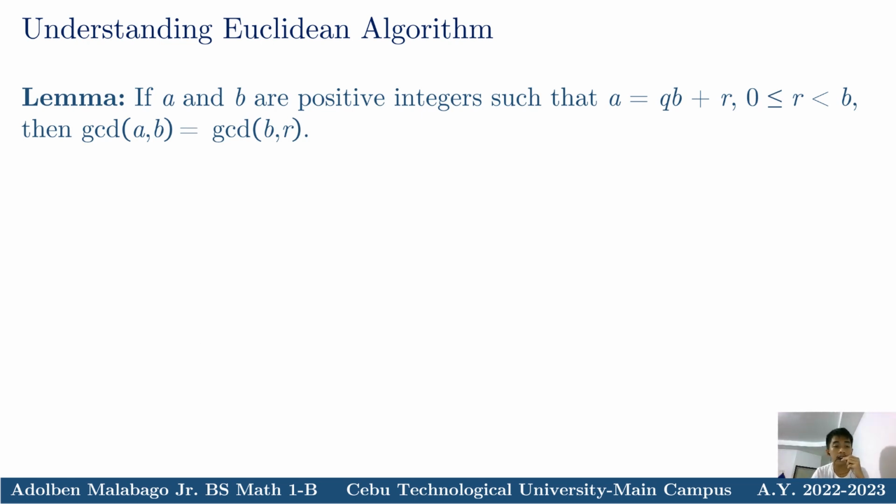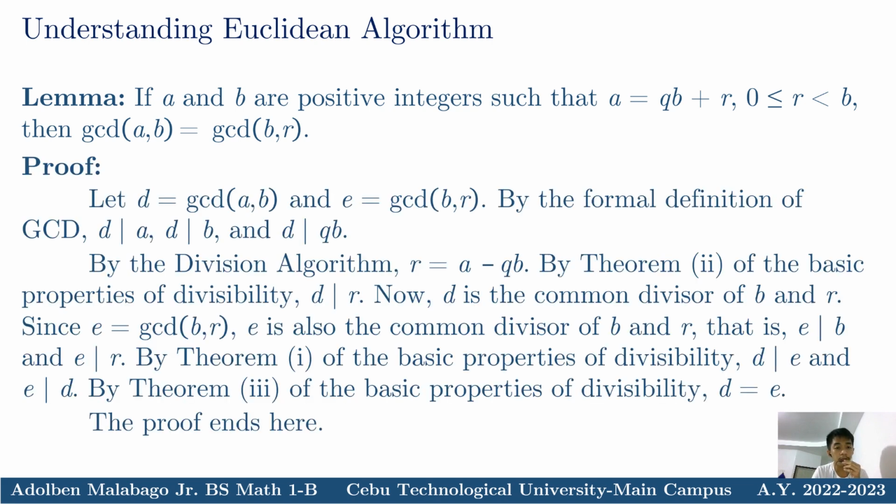So we have here the lemma stated earlier from the previous slide. If a and b are positive integers such that a equals qb plus r, where r is less than b but greater than or equal to 0, then GCD of a and b is equal to GCD of b and r. Here we have the following proof with the theorems we introduced earlier.